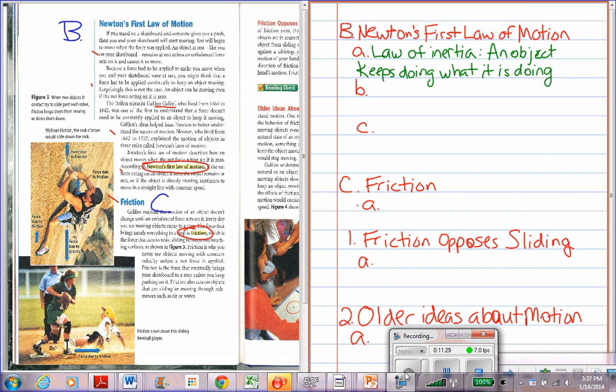Now, what is the net force for the first law of motion? Okay, for the first law of motion, the net force equals 0. That means we have balanced forces. You know what, let's write that on our C. Balanced forces.